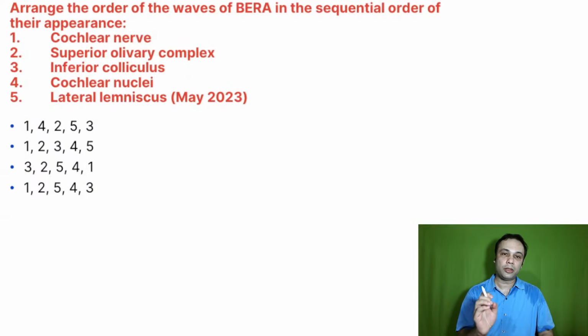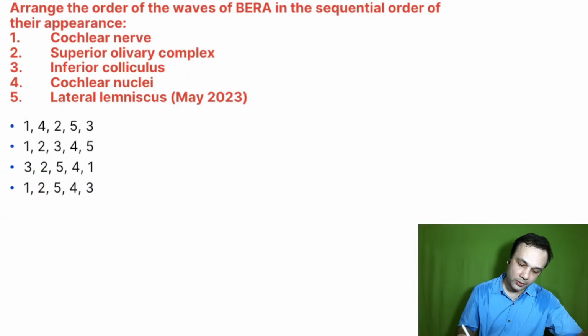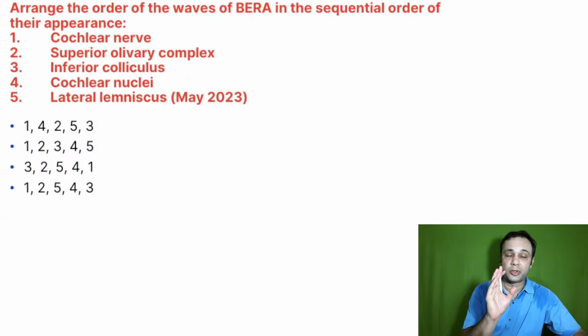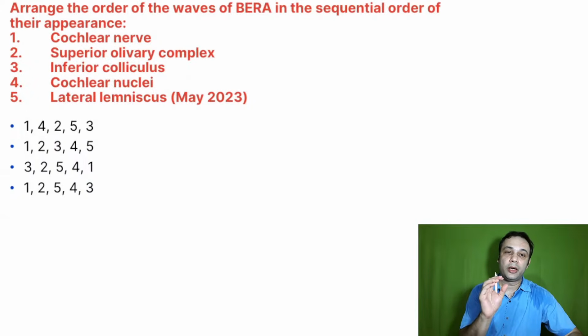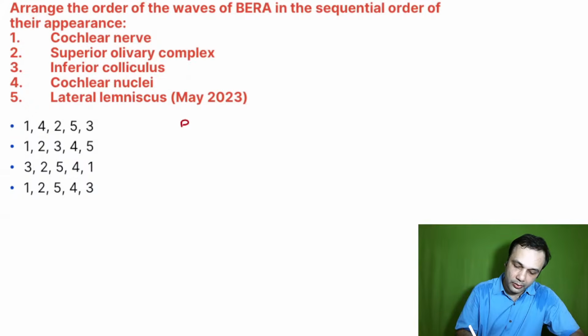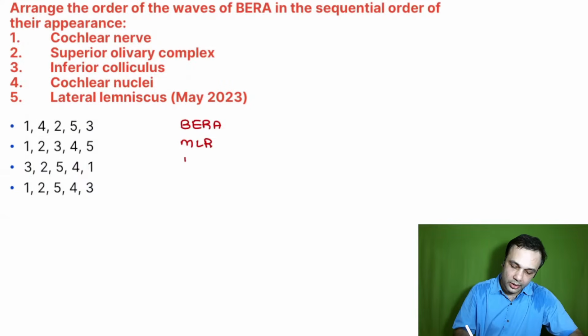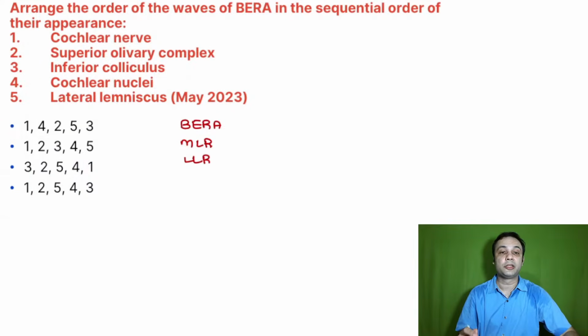So when you talk about BERA, what you need to understand here, once again, is that you have 3 important responses. When you talk about the evoked response audiometry, you have 3 important parts. One, you have the BERA, then you have the middle latency response, and then you have the late latency response as far as the evoked audiometry is concerned.